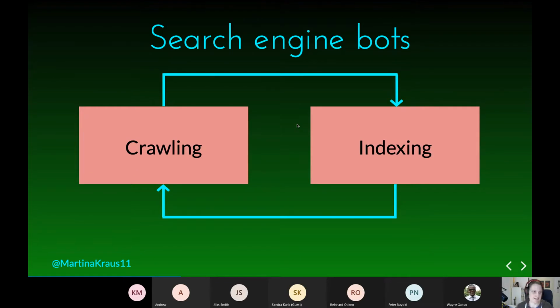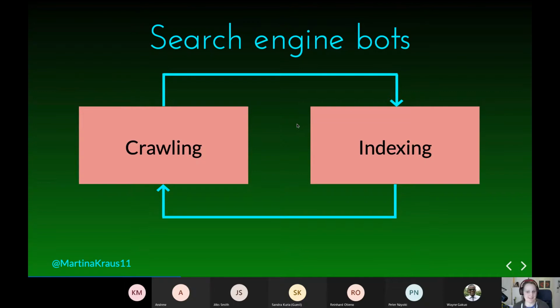So if you have Pokemon all over your website as a keyword, it will definitely index this website really high when someone searches for Pokemon. Of course, it's really simplified. There are other factors too. It also tries to find links, like how many other websites all around the world link to your page. This also counts for the ranking, but for simplicity, we leave it like this: it crawls and indexes, and that counts basically.